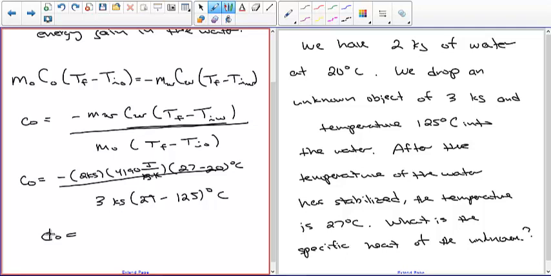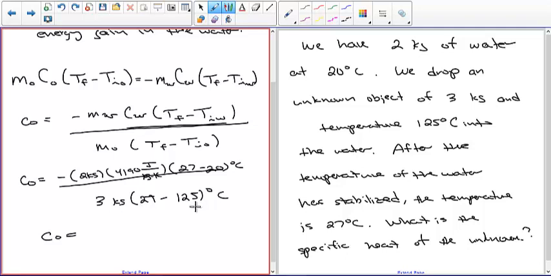Well, let's finish this problem first. So we have negative 2 times 4190 times (27 minus 20) divided by 3 divided by (27 minus 125).